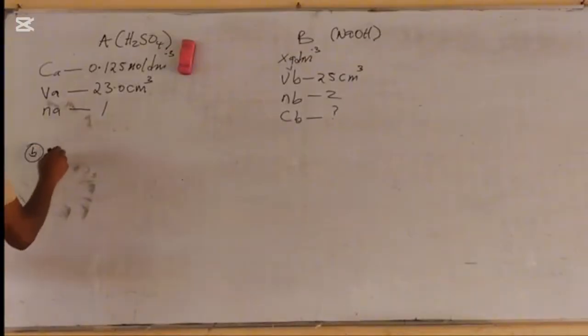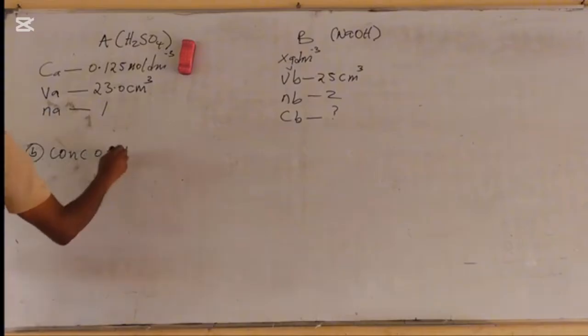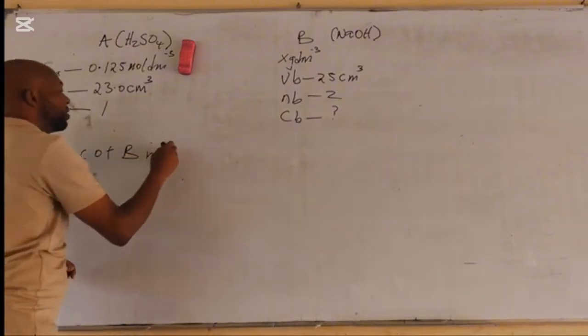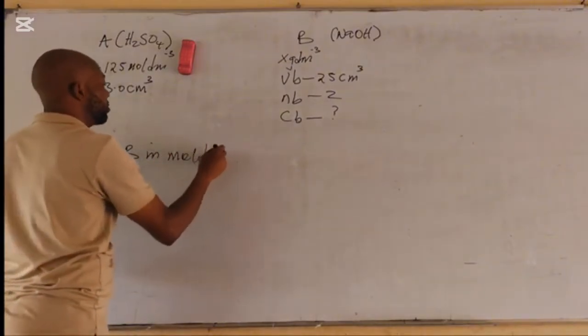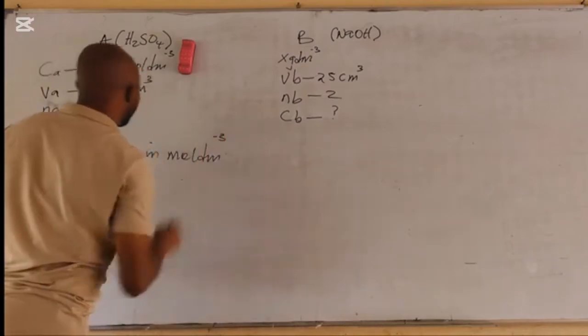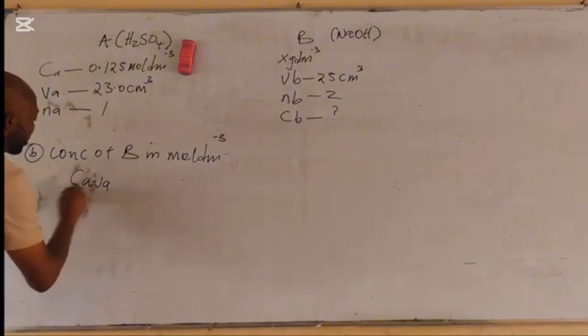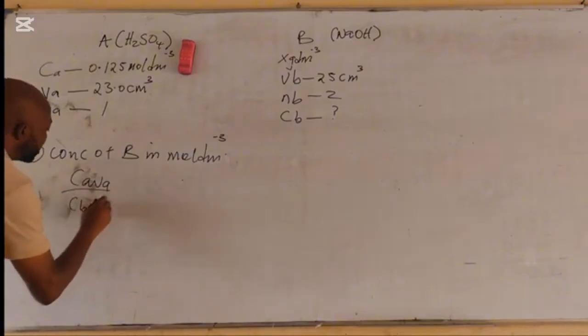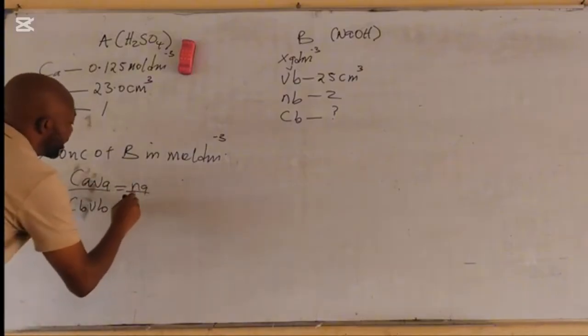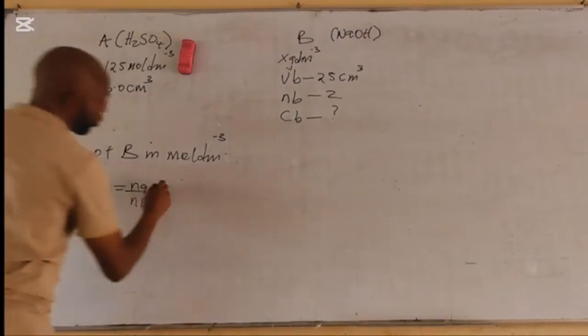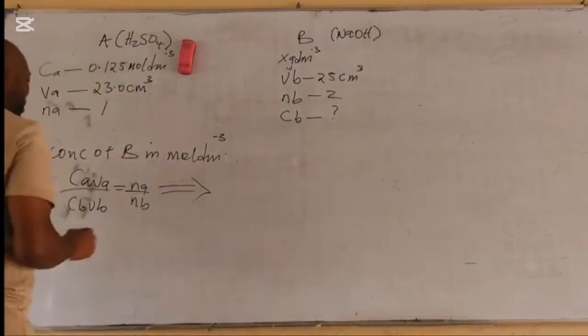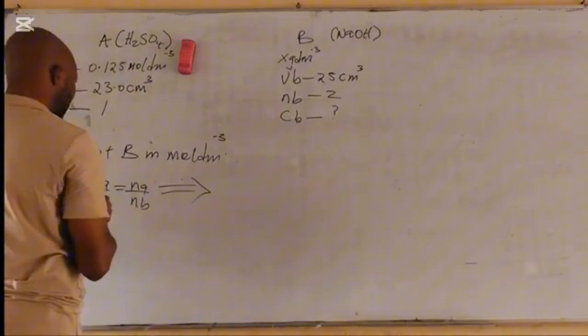Concentration of B in mole per dm cube. For us to do this, we use the formula CAVA over CBVB is equals to NA over NB.